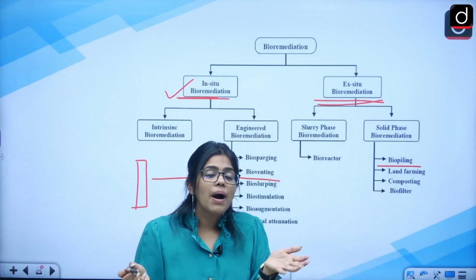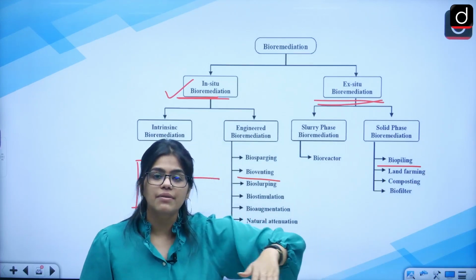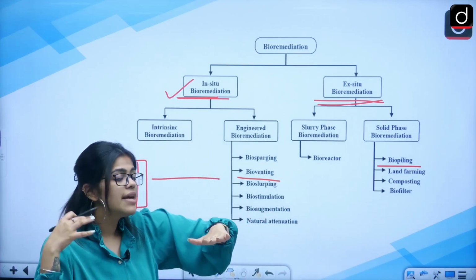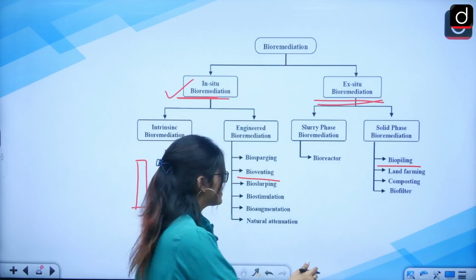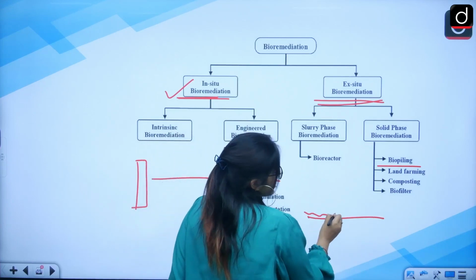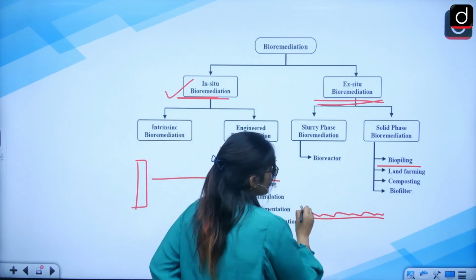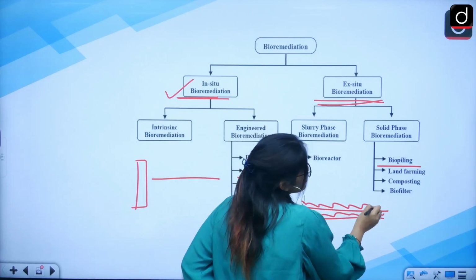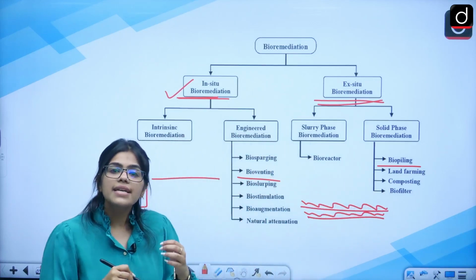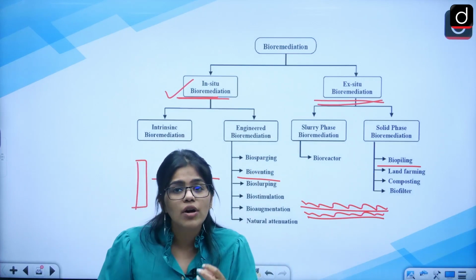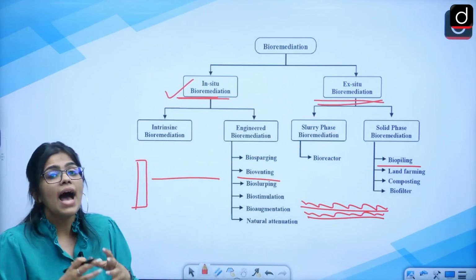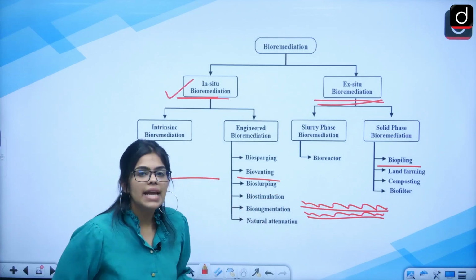So what is done in biopiling? You see that there is a layer of soil that needs to be treated. Then microorganisms are placed here. Then another layer of soil, and microorganisms are placed. Like this, the microorganisms would feed on the soil, and the properties would be regained.